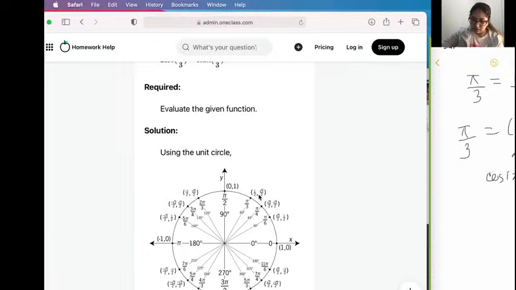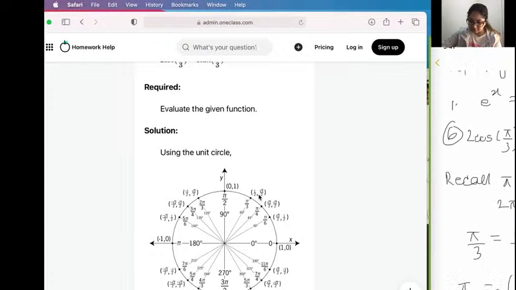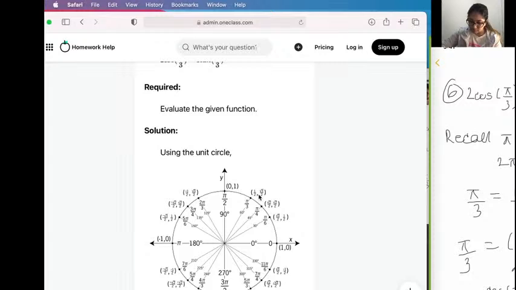In order to do the question, it says to find 2 cos of pi over 3 and tan.